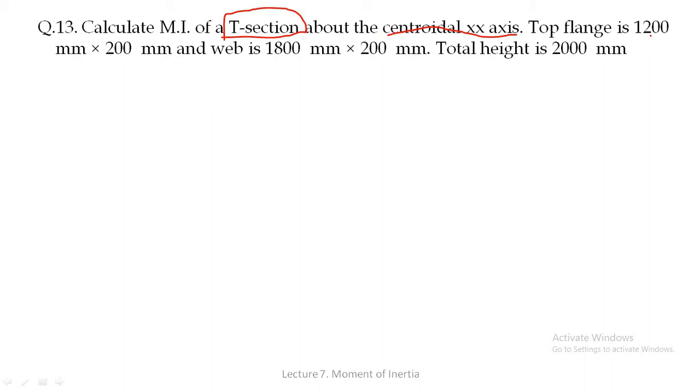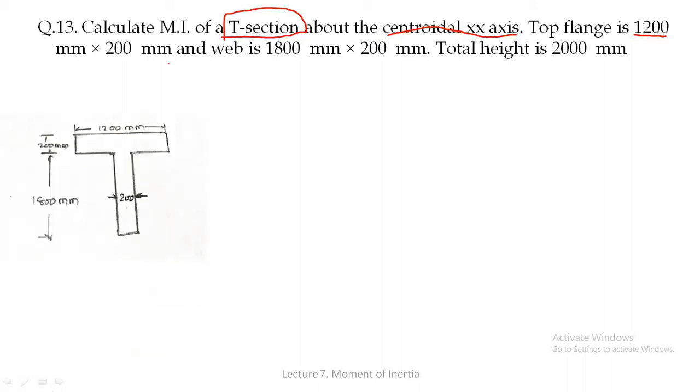Now remember, generally the value that is given first, if 1200 into 200 is given, the bigger value is generally the horizontal dimension for the flange. Suppose, as you can see over here, this is a T section. Now what is the flange?